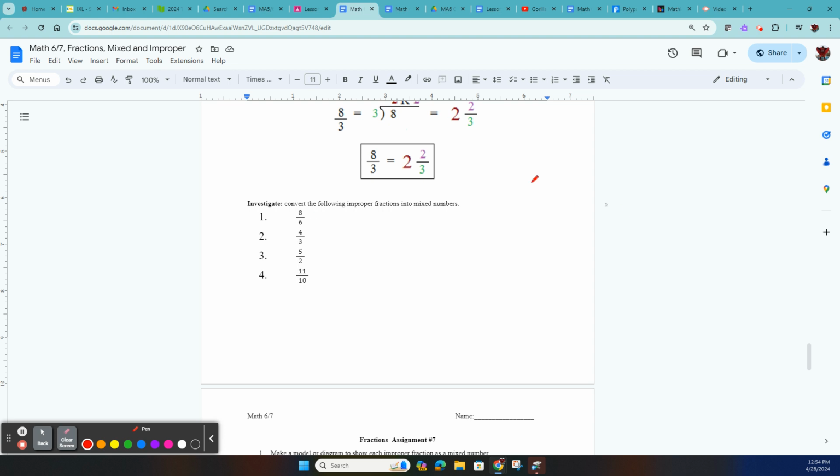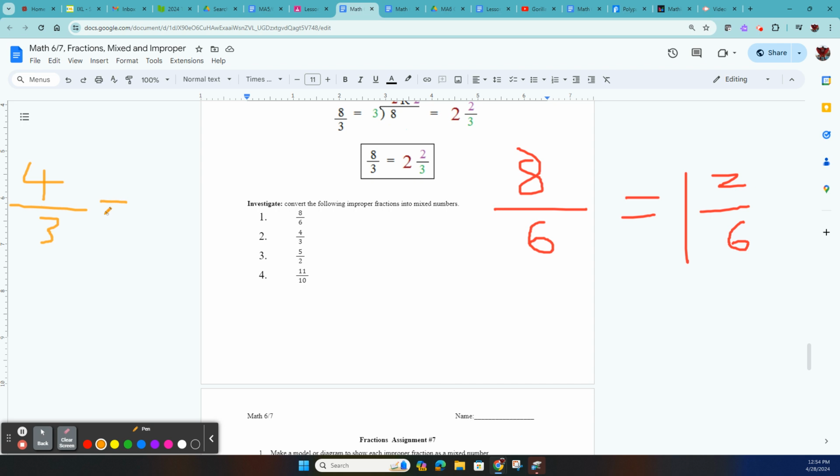Cool. So 8/6, I'm going to rewrite it so it's a bit bigger. I can see that 6 fits into 8 one whole time, and what would be left over? 2 would be left over, and my denominator stays the same. So 1 and 2/6. Okay, 4/3. I can see that 3 fits into 4 once, or one whole time. And what's my remainder? 1/3.